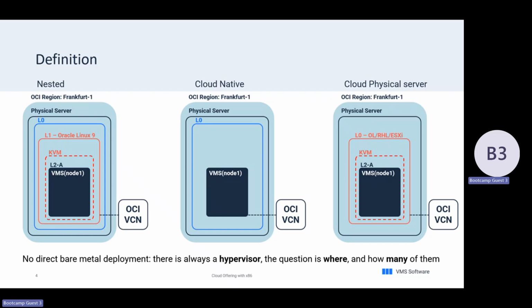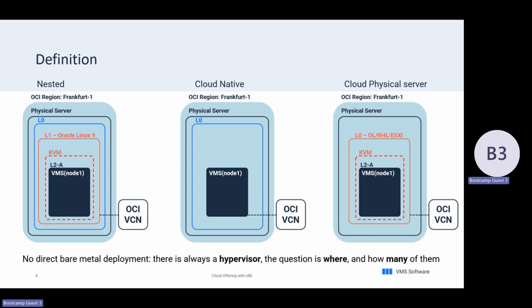And previously, when we have been talking about using the nested cloud, it has been the nested version, which is the one on the far left here. So there we have a physical server, we have the L0, which we actually don't have any knowledge about. And then we have the Linux host, which we have to maintain. And then inside of there, we have KVM.